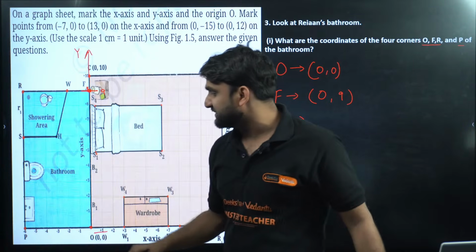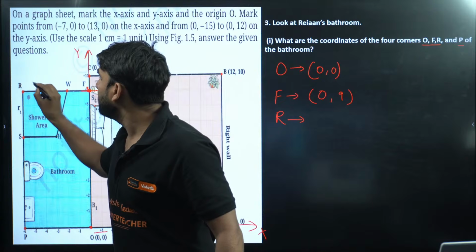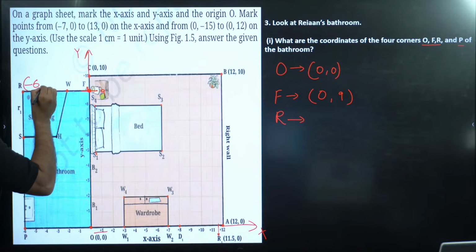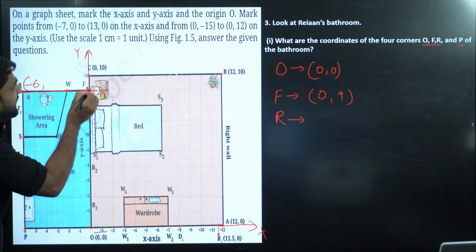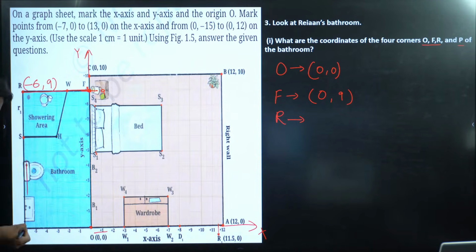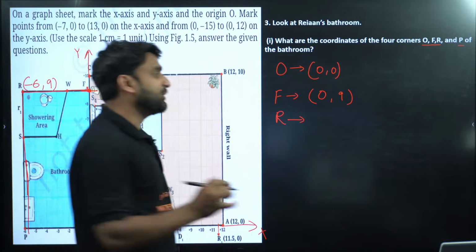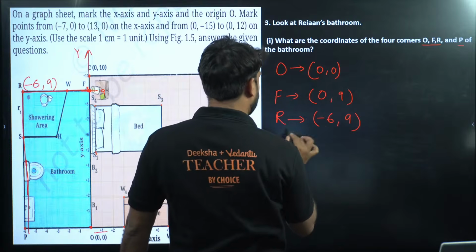So x is negative, this will be minus 6, and this point will give you the y-axis value here. So the coordinate will be minus 6, 9. This is x-axis, xy. So the coordinate will be minus 6, 9.